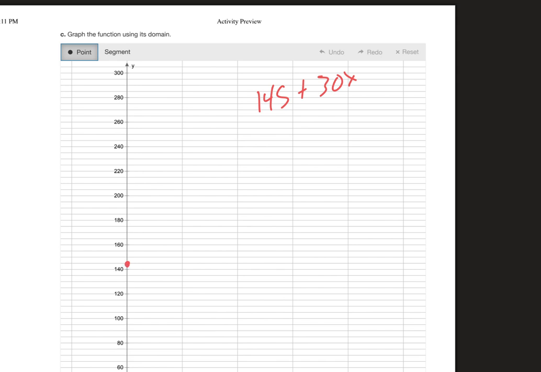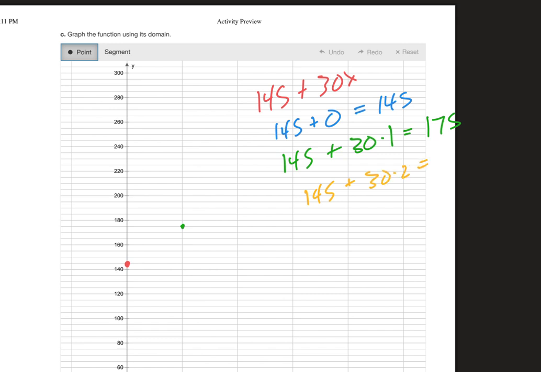But also, if we were to just do the math, 145 plus 0 bags is 145. If I do 145 plus 30 times 1 bag, that's 175. Right about here, if we do 145 plus 30 times 2 bags, that's 205.